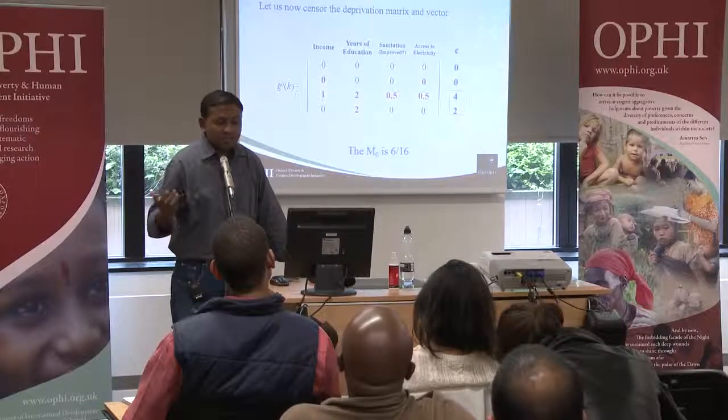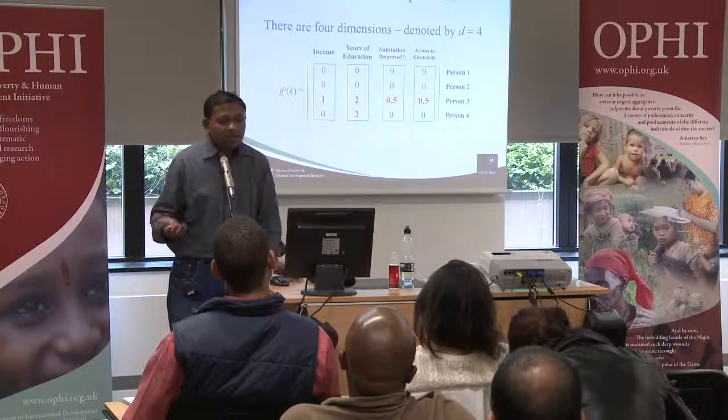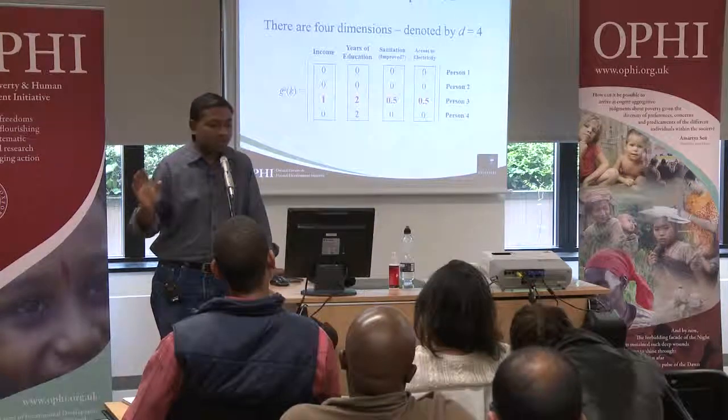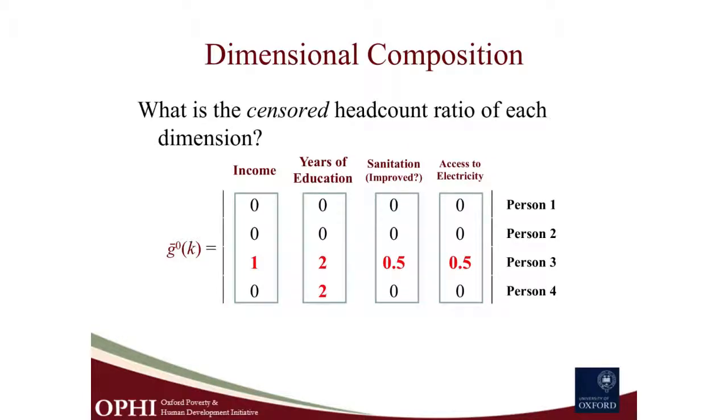So M0 is 6/16, which is easy to compute. There are 4 dimensions denoted by D equal to 4. Now instead of grouping them across the population, you are grouping them across dimensions. What is the censored headcount ratio of each dimension?